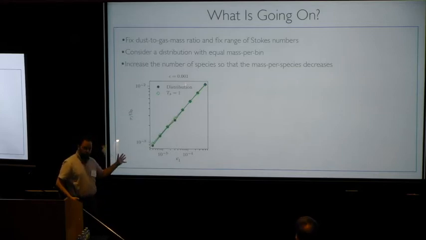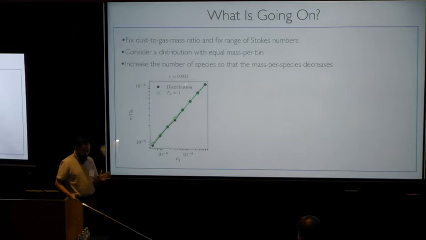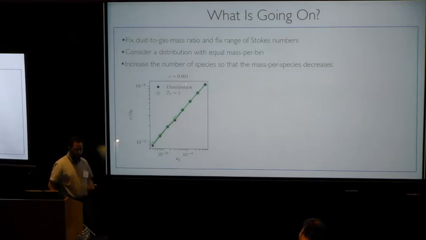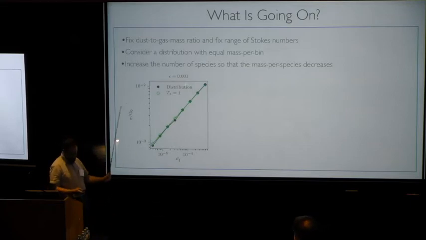This may seem puzzling, but what you can read out of these two lines coinciding is that when the distribution is considered, the parts that are carrying out most of the instability are those with Stokes number of order unity. And this is for very low dust to gas mass ratios.